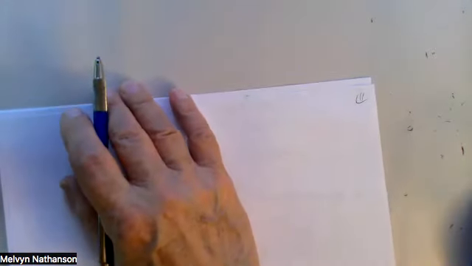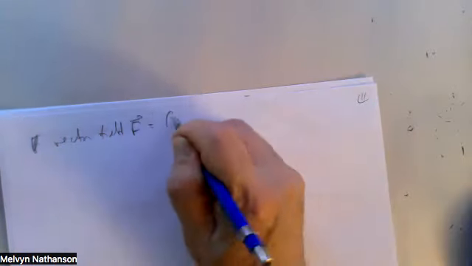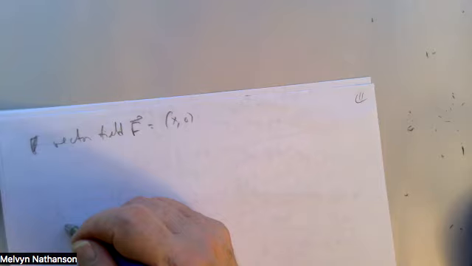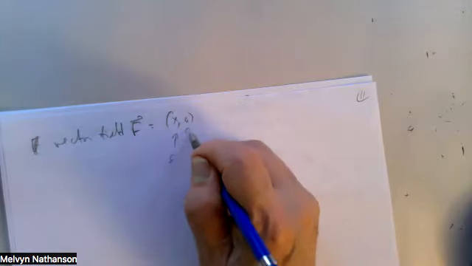So suppose we take the vector field F to be very simple, just x comma 0. And so this is F and this is G.